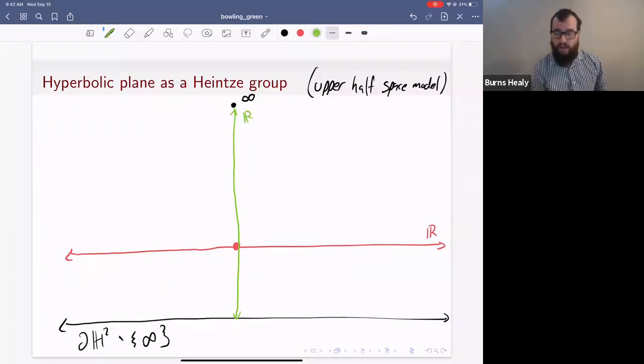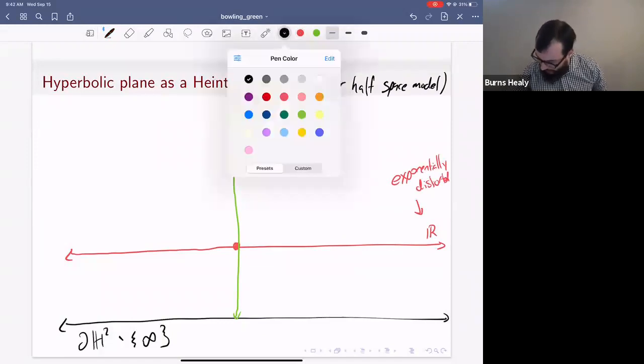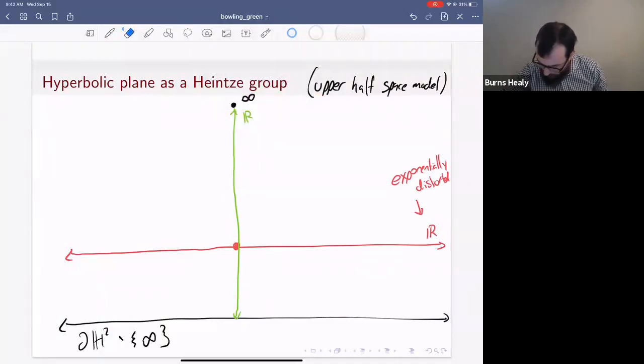The reason I'm not talking metrically here is that this copy of R is exponentially distorted, of course. If I look for geodesics connecting points on this line, I'm going to go up and over, and more and more out.